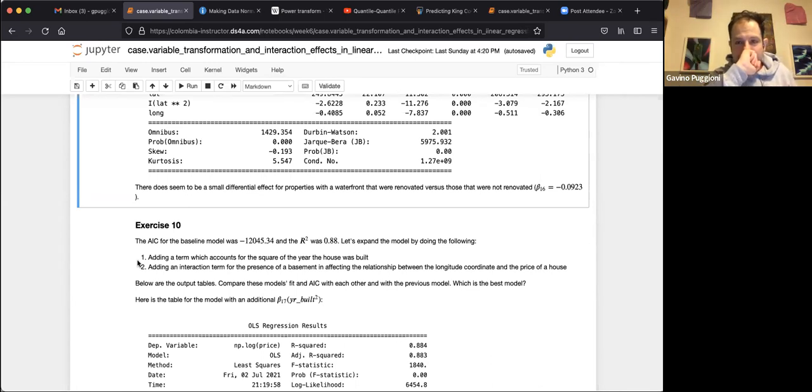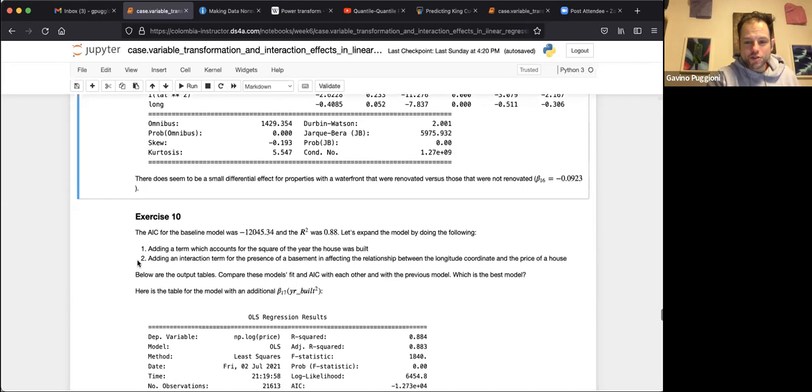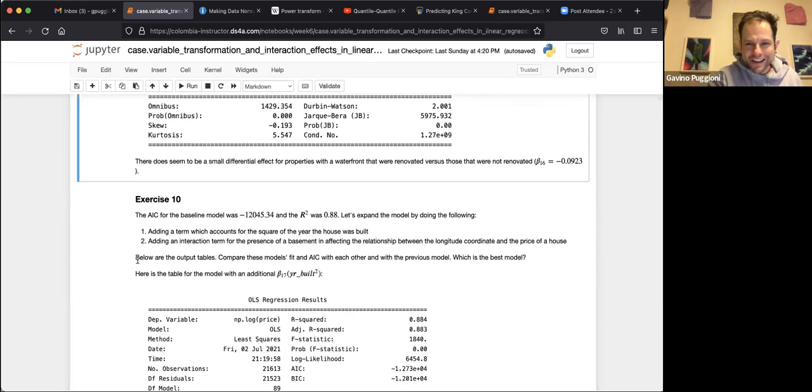And what if we had an interaction term for the presence of basement to justify the longitude? So you might want, in this case, an interaction between longitude and basement. So these are sort of out there, a little bit crazy questions, and you might say, why should a basement interact with longitude? Well, let's see what happens.